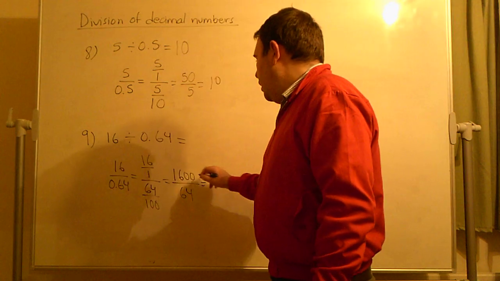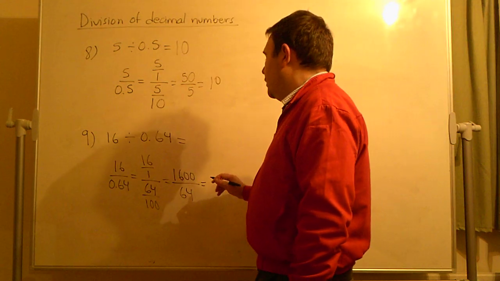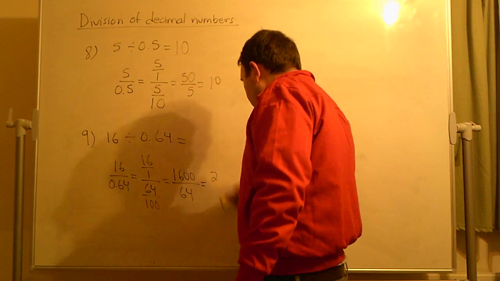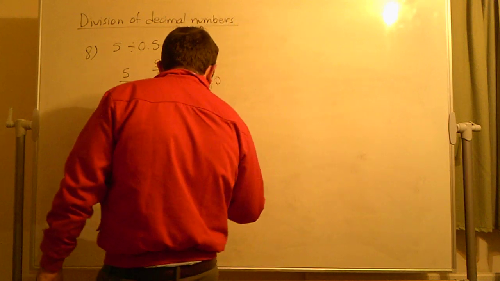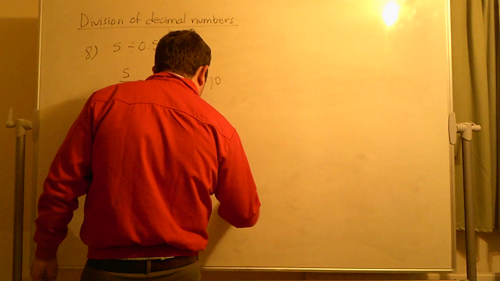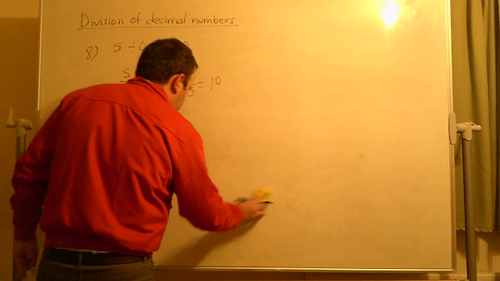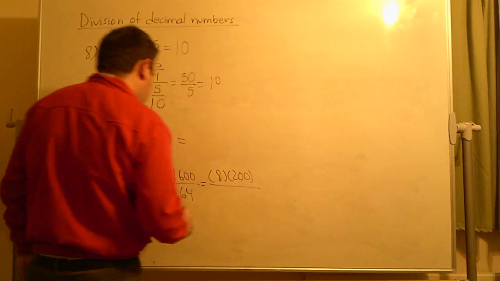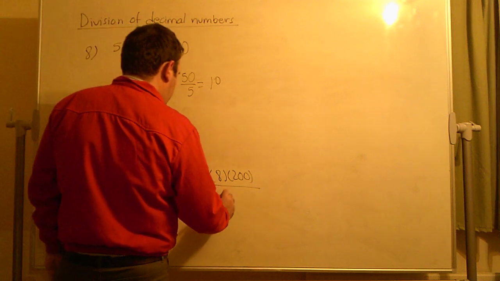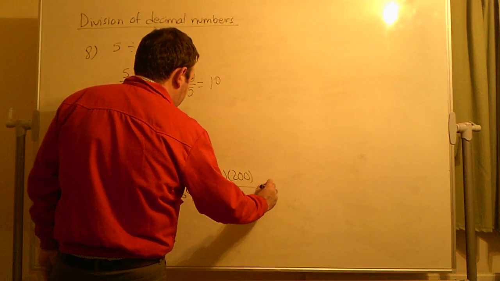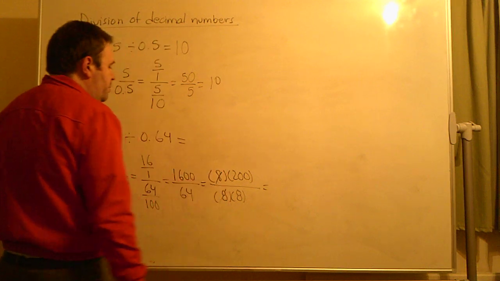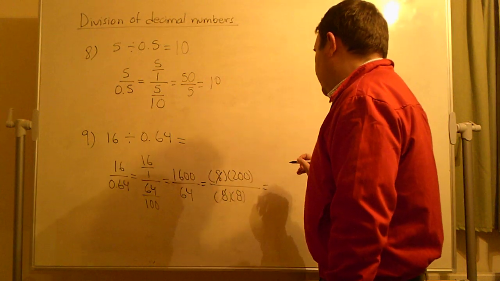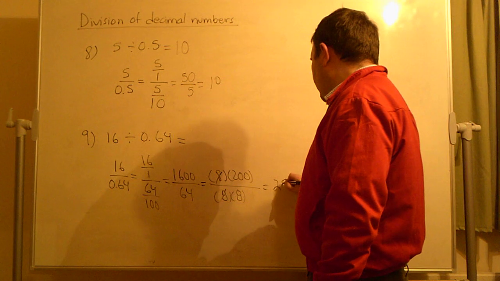Now 1600 is equal to 8 times 200. And 64 is equal to 8 times 8. So 8 divided by 8 is 1, and 200 divided by 8 is equal to 25.